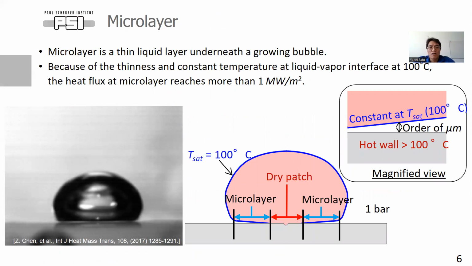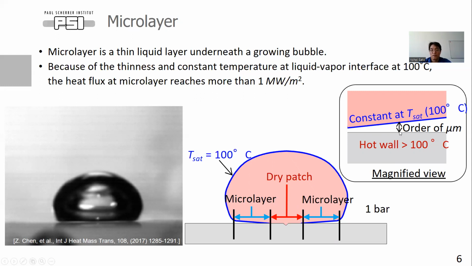I talked about the micro layer, but I need to explain what it is. The micro layer is a thin liquid film layer underneath a growing bubble. Because its thickness is on the order of microns, the temperature difference is quite big between the liquid-vapor interface, which is at the saturation temperature, and the wall.